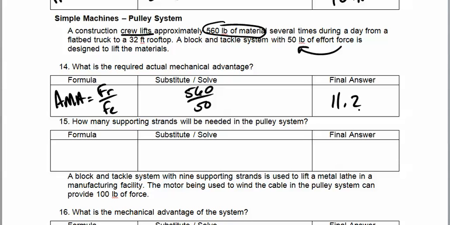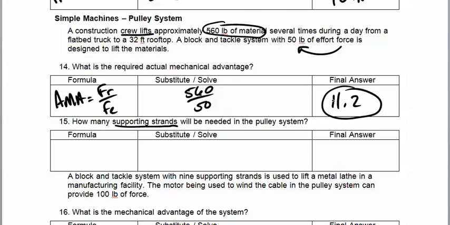How many supporting strands? Okay, one of the things that we had not talked about previously is that here it's asking for supporting strands. And when it comes to a pulley system, what we find out is the number of support ropes is also equal to the mechanical advantage. So the ideal mechanical advantage, and that's what we're dealing with here, they're telling us it's going to take actually 11.2.